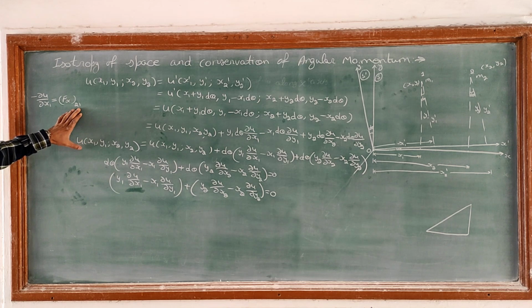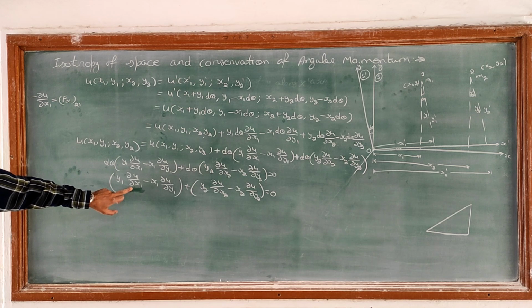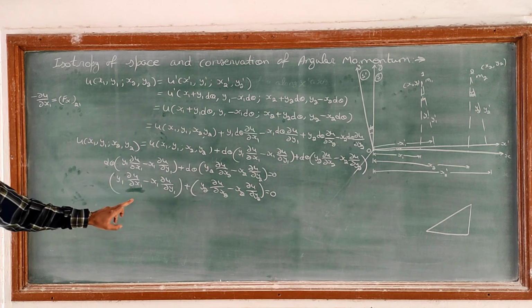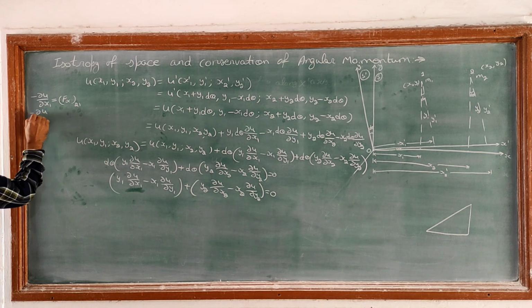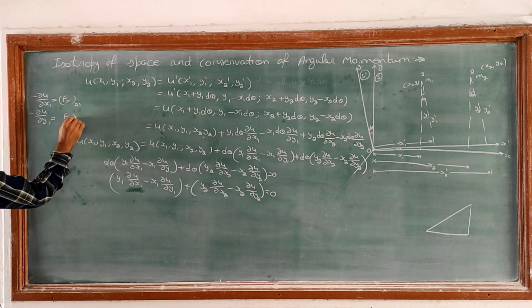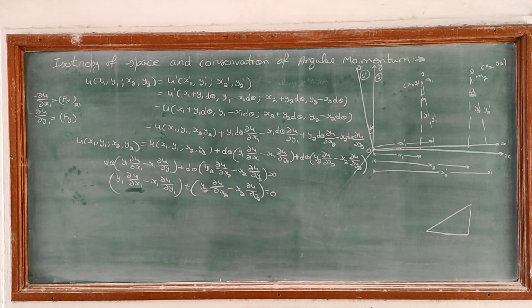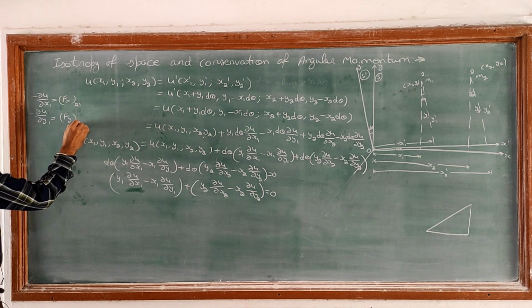So I will replace curl U upon curl x1 with F x21 with a negative sign in this expression. Similarly, minus curl U upon curl y1 gives the y component of force F on particle 1 due to 2.